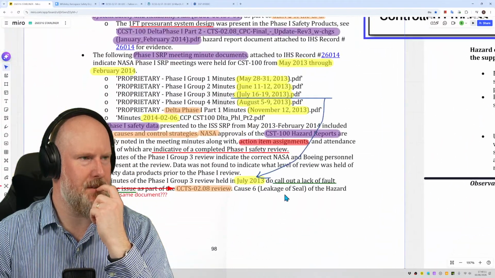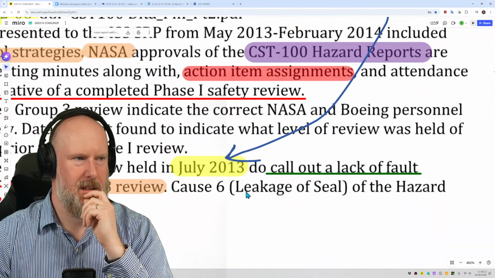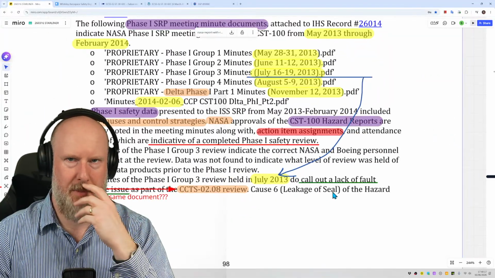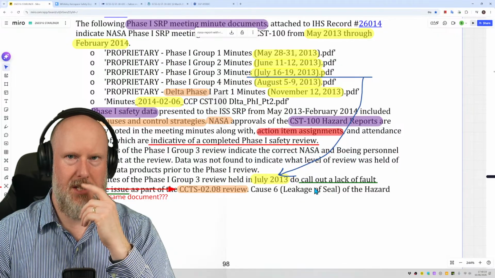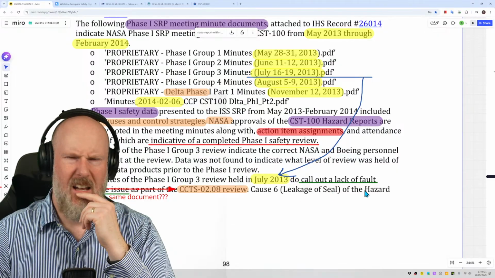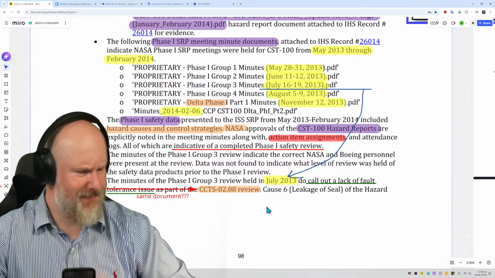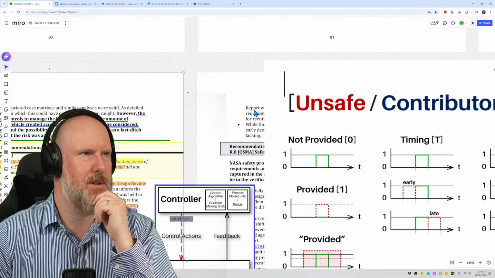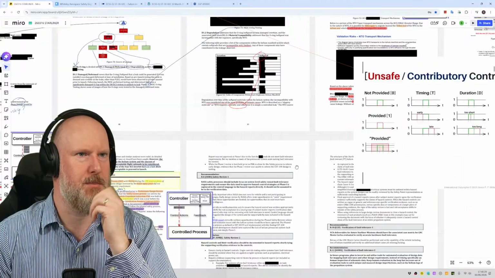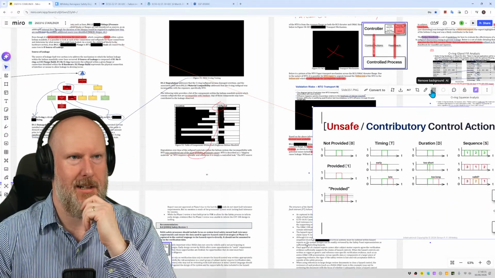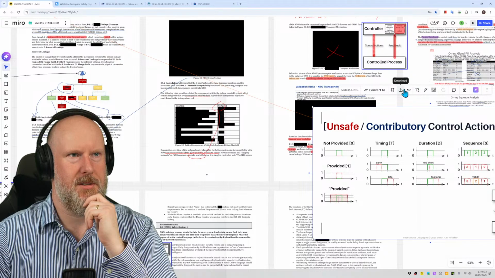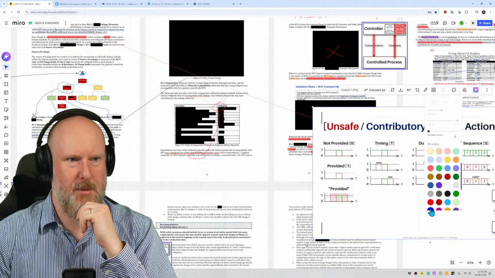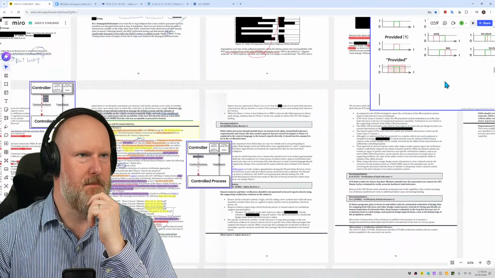That sounds like a different hazard, because this is about helium, and it's about the seal as opposed to the helium system, the pipe work and everything. So this might be very specific. That's confusing. That doesn't make sense. Is it the same document? I don't know. I'm a bit confused. Let's put that out of the way. In fact, let's put a border around that so it's obvious. We'll have a nice blue one. There we go.